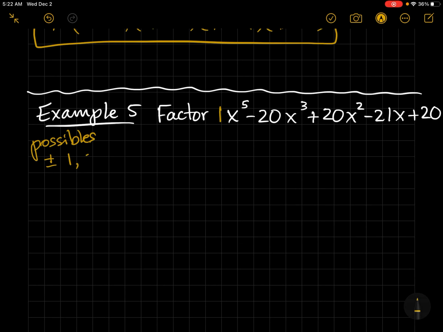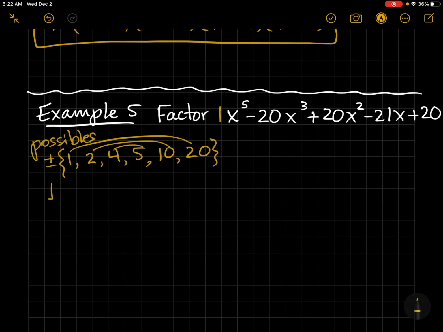So the factors of 20, let's see, that's 1, 2, not 3, but 4, 5, not 6, 7, 8, 9, 10 works, and 20. 1 times 20, 2 times 10, 4 times 5. Yeah, I think that's it, and they're all over 1. So those are my possibles.